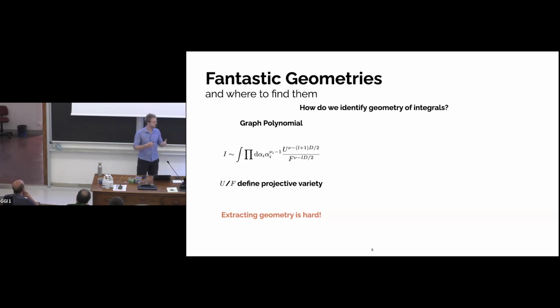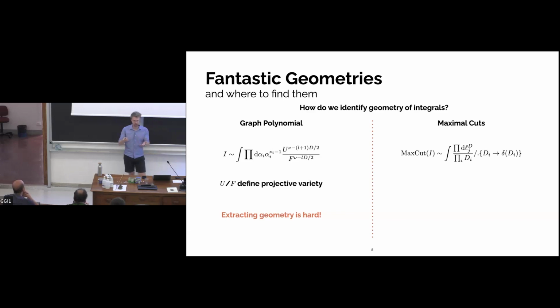Something that is simpler and particularly very convenient if you use differential equations is if you look at maximal cuts. So you build some kind of skeletonized version of your integral where you replace all the propagators in your integral with delta functions. So you fix some of the loop momenta, and you get a reduced integral with few integrations to carry out.